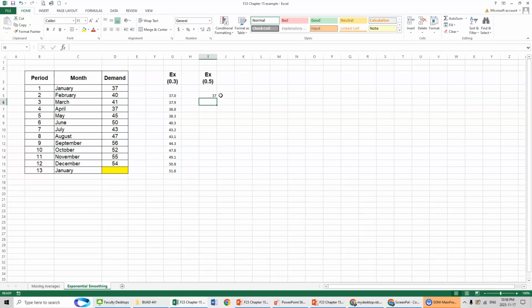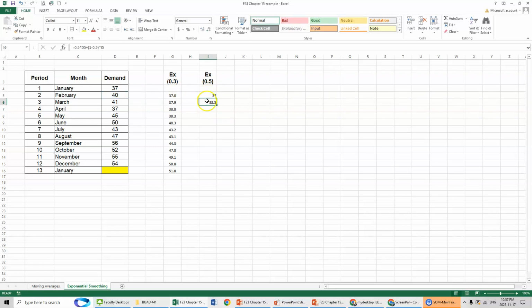So what we really should do is just the forecast method for the month of March in this case. So it's alpha 0.5 times the previous month's demand, which is 40, plus 1 minus 0.5 times the previous month's forecast, 37.